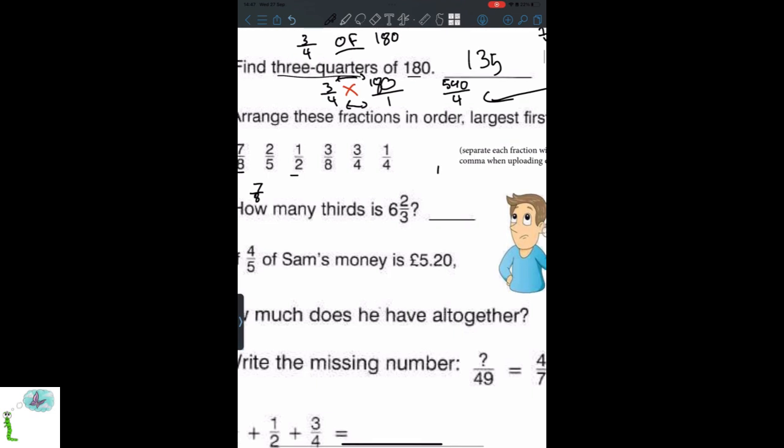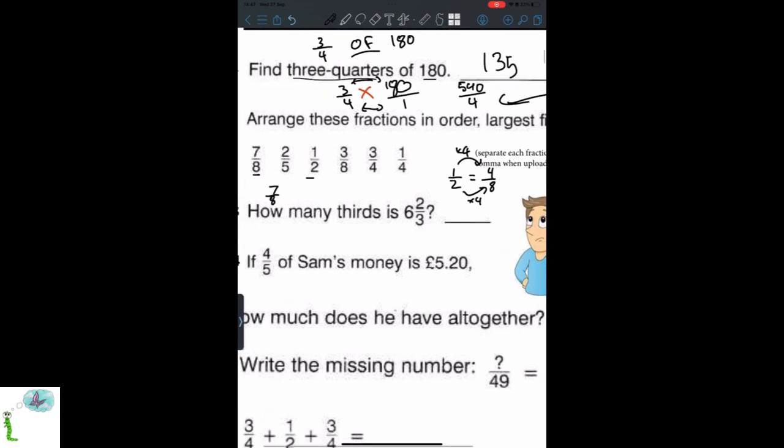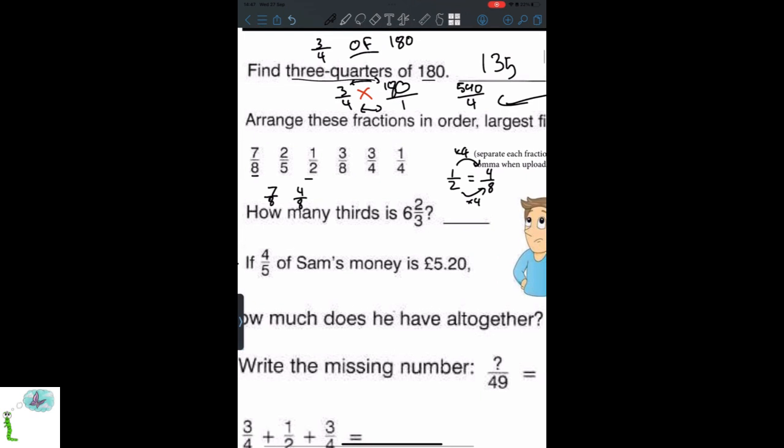And if I can just show you, to make half equal to 7/8, you have to see what you do to get from 2 to 8, times by 4, and then you always do the exact same on the top. So it's going to be 4/8. And now I can ask you which one's bigger, 4/8 or 7/8. It's obviously 7/8 because it's a bigger number.